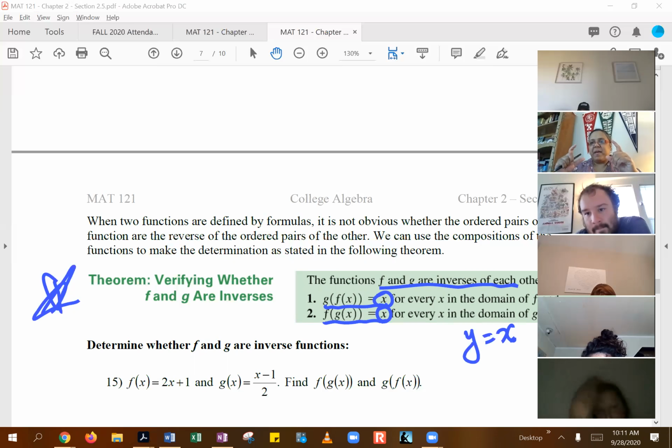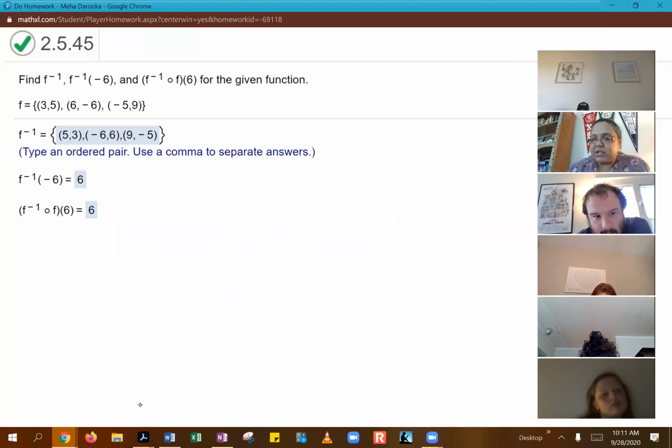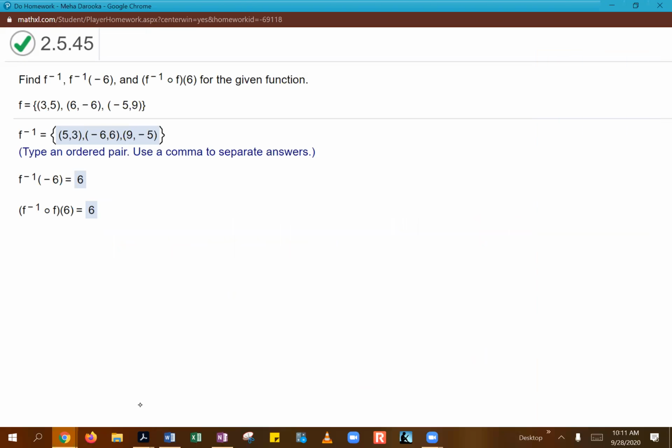So they have ordered pairs like 1, 1, 2, 2, 3, 3, or -1, -1, -2, -2. So they are always going to be whichever x value you started out with, that's the same y value you end up with when you do these ordered pairs. And that's kind of what this last example here just highlighted for us.